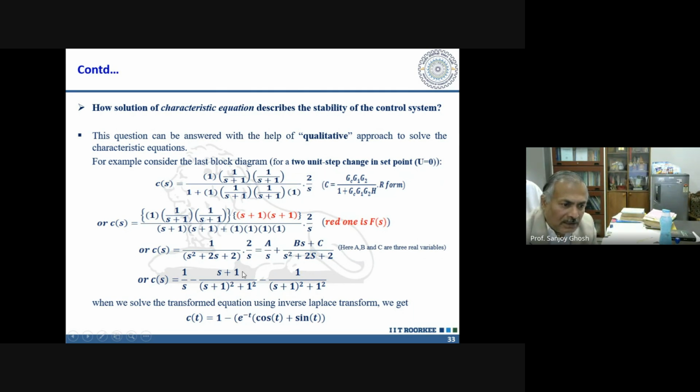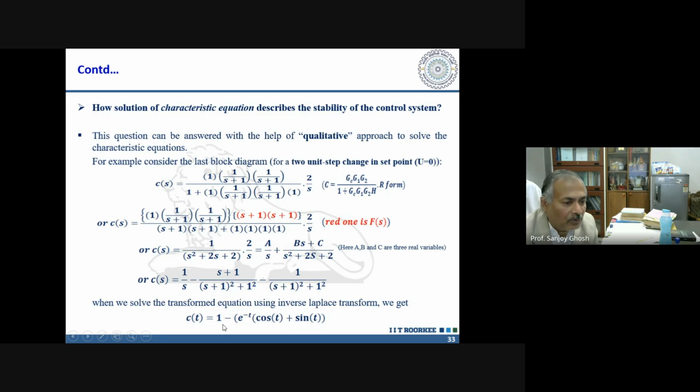So now ultimately, if you calculate A, B, C, then you will get like this. So 1 by S minus S plus 1 by this one, and this is this. Now look at it, ultimately C is equal to these equations you got, right? Now this is S domain, and if you convert it to the T domain, then C of T will be equal to what?